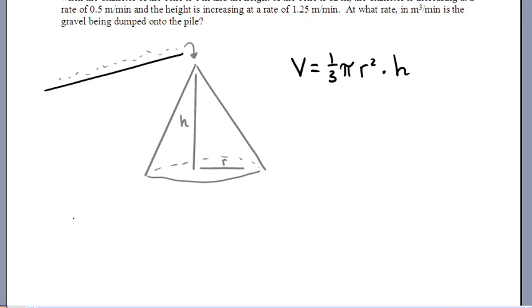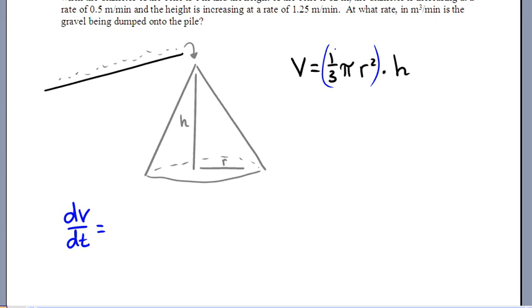So if I do a time derivative, I'm going to end up with dV/dt is equal to, now I'm going to group it like that. I think that will work well. So I'm going to have to do the product rule, and while I'm doing this product rule, the chain rule is going to show up in there at the same time.